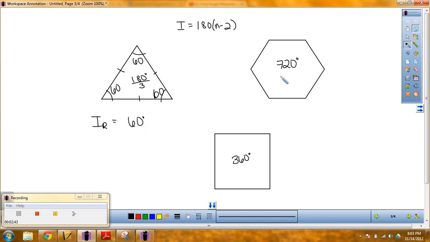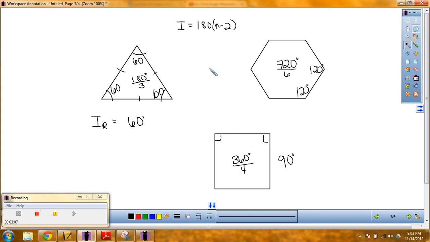Right, easy enough. So we would do the same thing. We would divide by 6 here. We would divide by 4 here, right, because we know our 4 angles. So we know that 360 divided by 4, that's going to give us 90 for each interior angle, and 720 divided by 6 is going to be 120 degrees for every single interior angle.